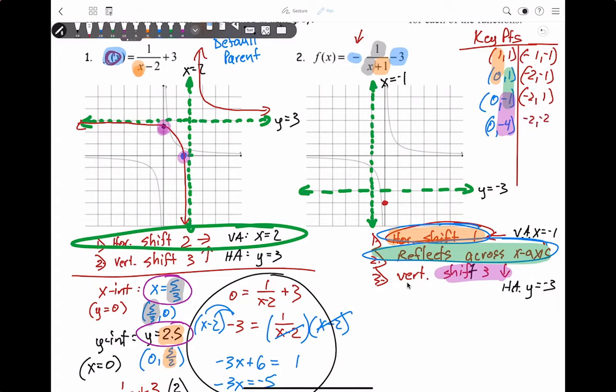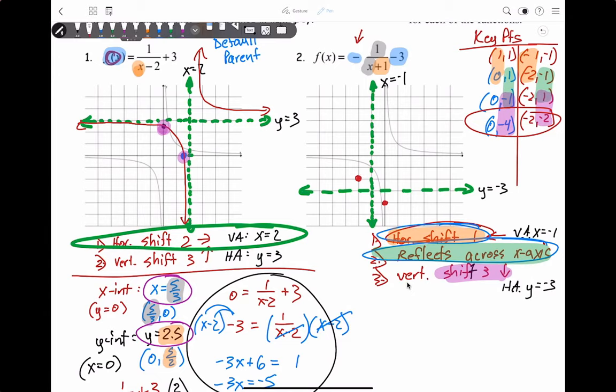Again, I shifted by subtracting 1 from the x, then I vertically reflected by multiplying the y by a negative, and then last but not least, I vertically shifted 3 units down by subtracting 3 from that 1. So my end results are these two points, and -2, -2 is going to be here.